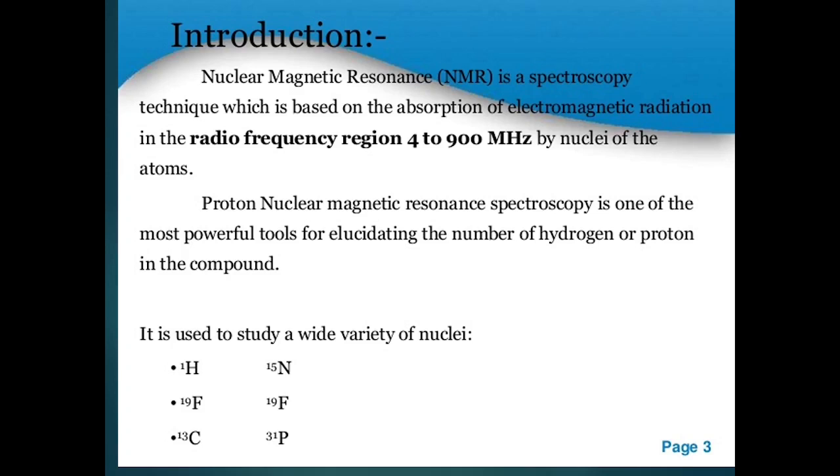So, the definition of NMR spectroscopy is that it is a technique based on the absorption of electromagnetic radiation in the radio frequency region of 4 to 900 MHz by nuclei of the atoms to induce transitions between nuclear energy levels.